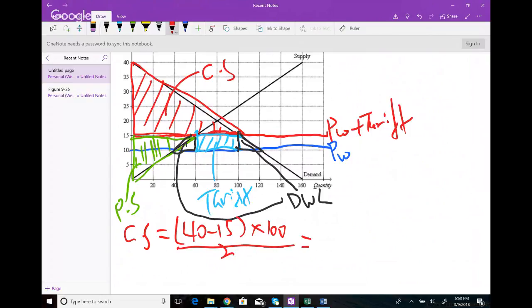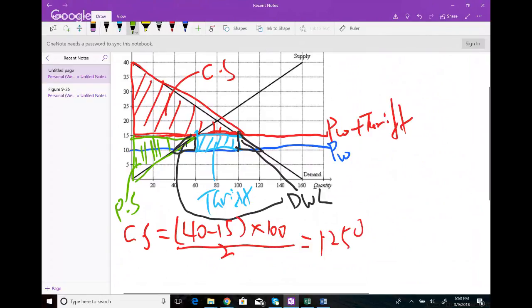Let's find it on the calculator. So 40 minus 15 is 25, times 100, divided by 2. That's 1250. So consumer surplus is 1250.